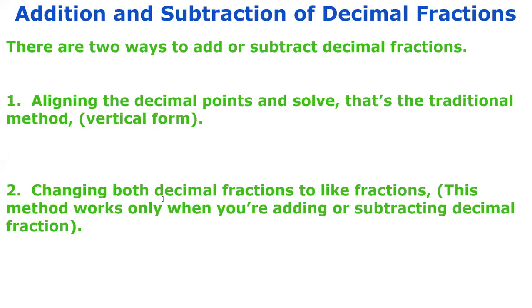So before you change decimal fractions to like fractions, you make sure you balance the decimal numbers, because the decimal numbers determine the number of zeros, which moves the point out, and this results in the denominator.